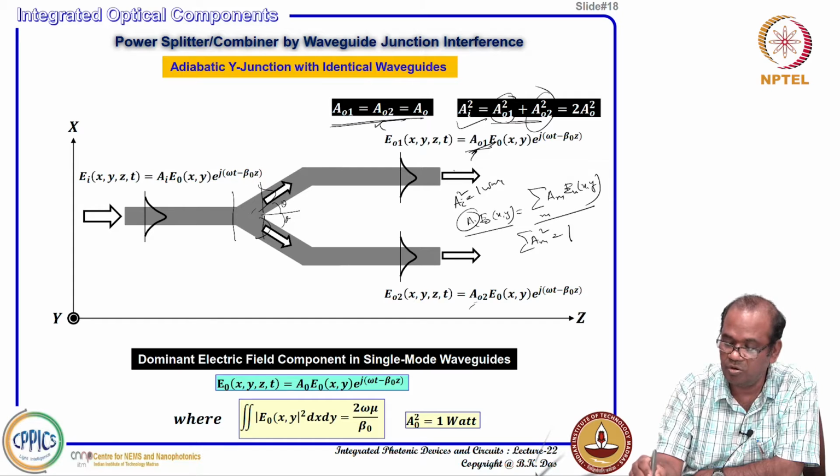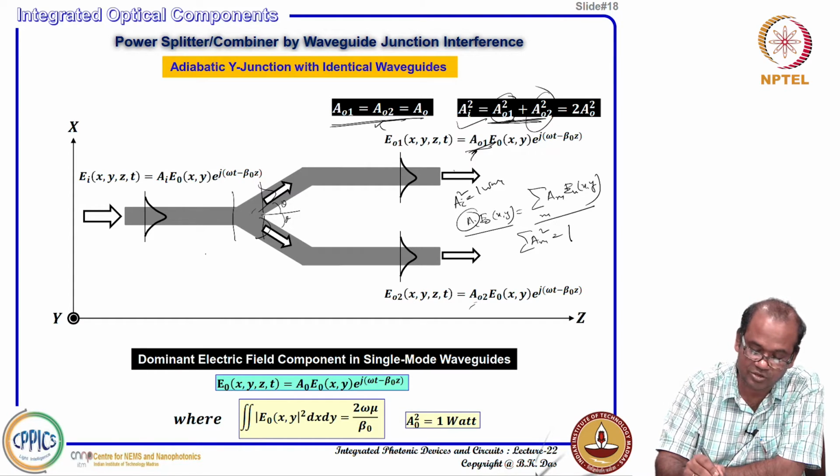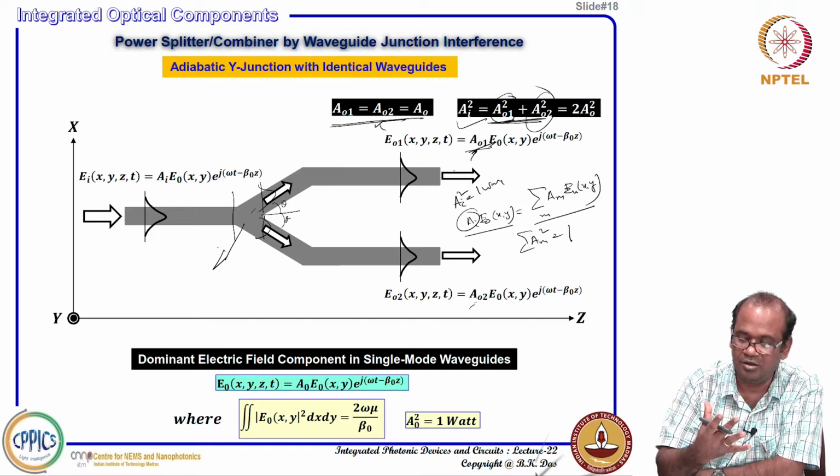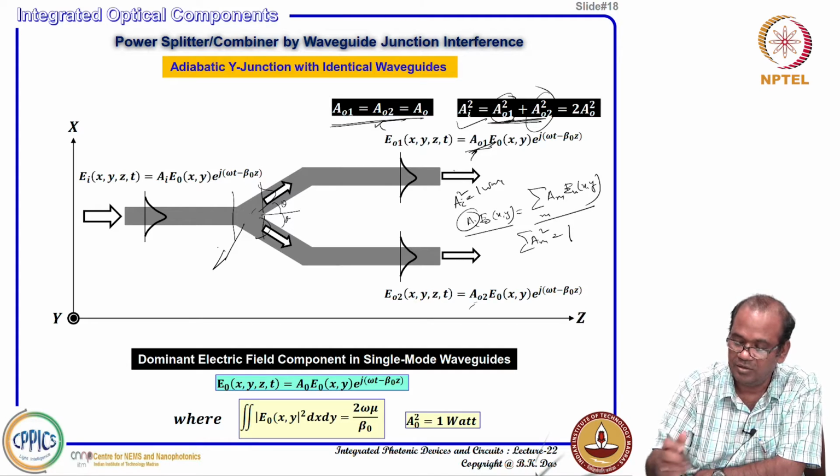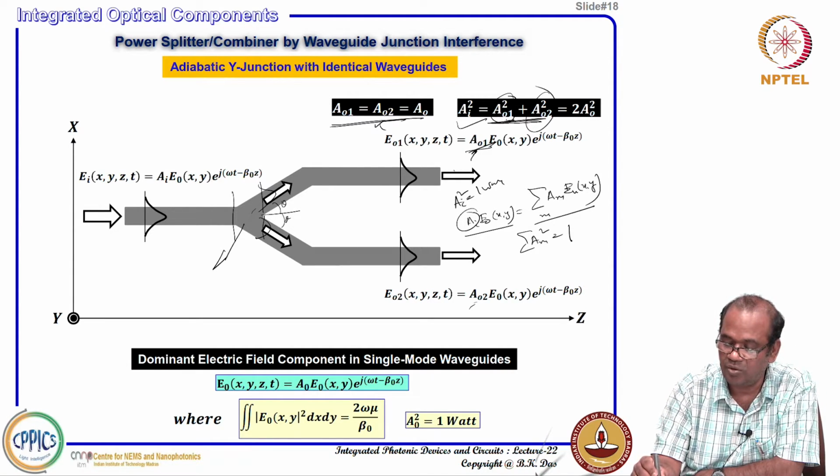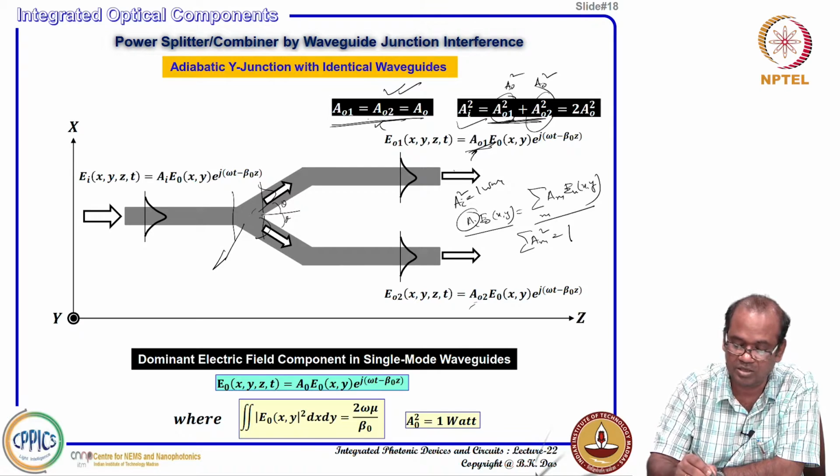So, these two if you add, because there is no loss at all, adiabatic lossless Y junction, then we can write A_I square equal to A_O1 square plus A_O2 square, and this is also A_0 square, this is also A_0 square, that is our assumption, symmetric waveguide.